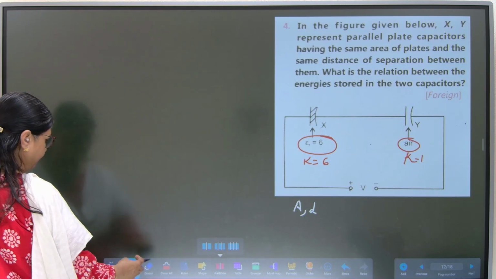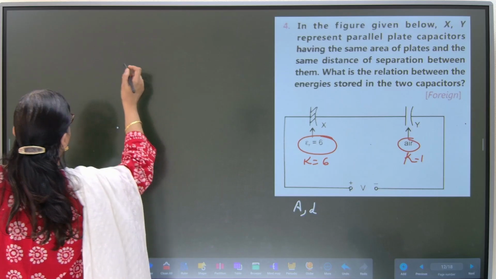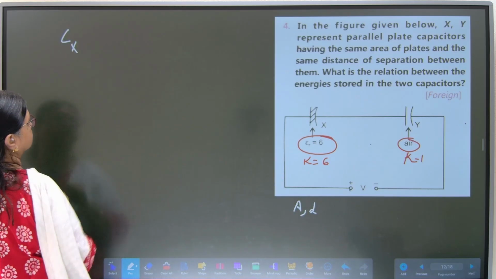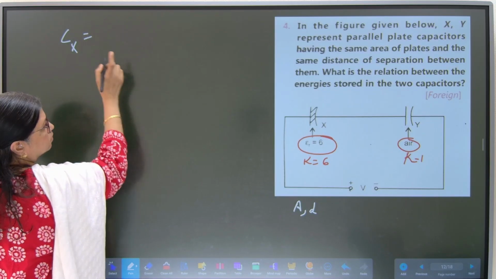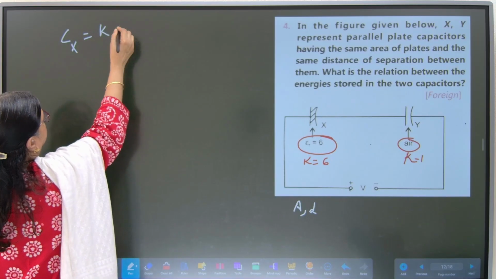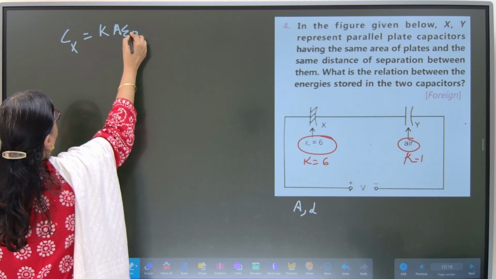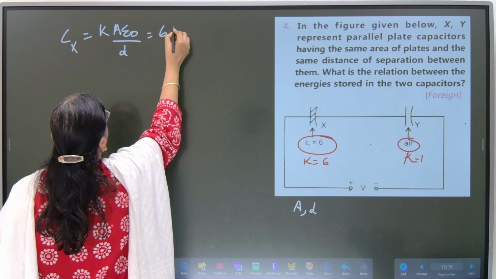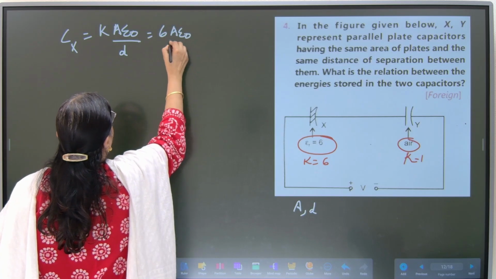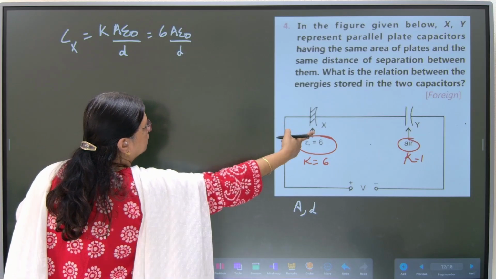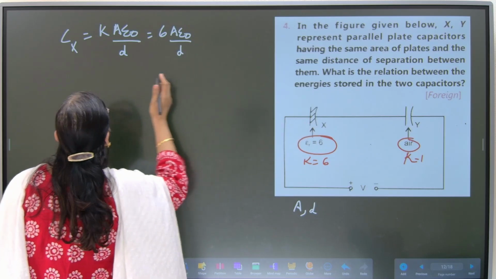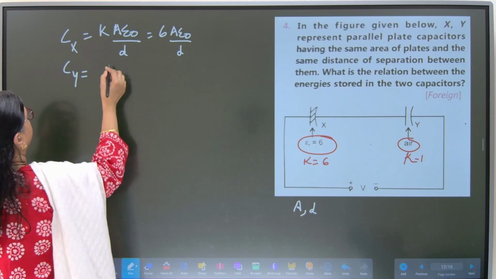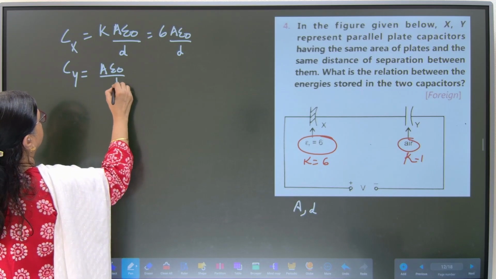So now let us write down Cx, which is equal to K A epsilon naught upon D, where K is 6, so I write 6 A epsilon naught upon D. That is Cx is the capacitance of the capacitor X. Cy, the dielectric is air there, so we just write A epsilon naught upon D.